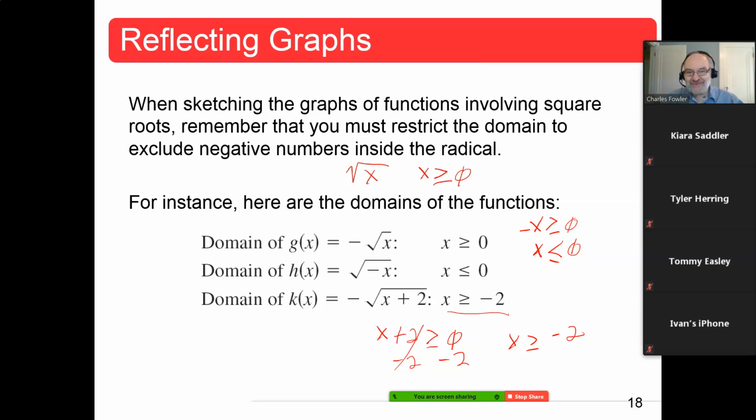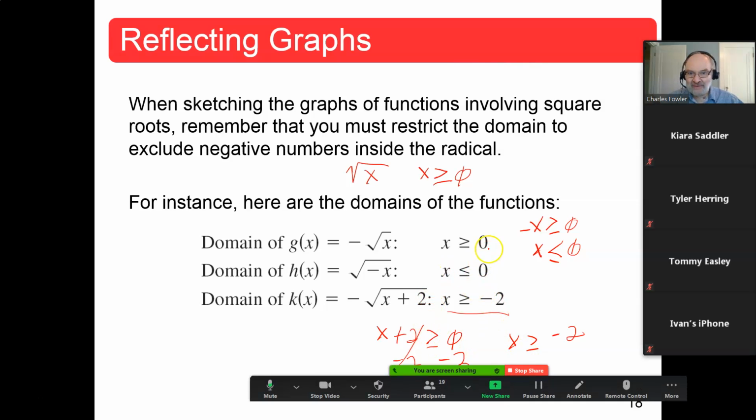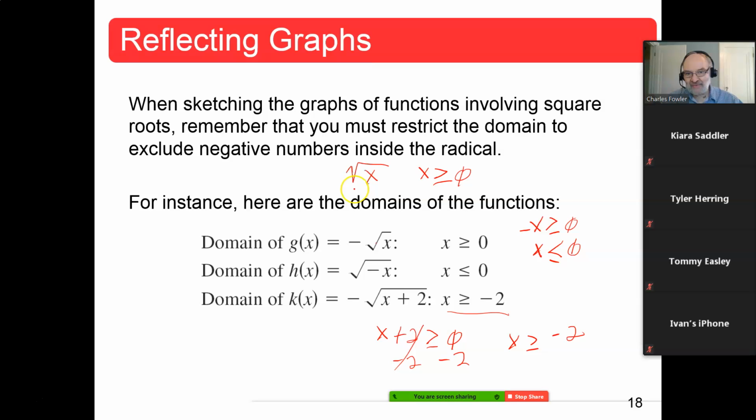Now ranges, they change too. The range of this one, all y has to be greater than or equal to 0. This one, y has to be less than or equal to 0 because you negated that principal square root. This one, the x has to be less than or equal to 0, but the y is still greater than or equal to 0 because this is the principal square root.